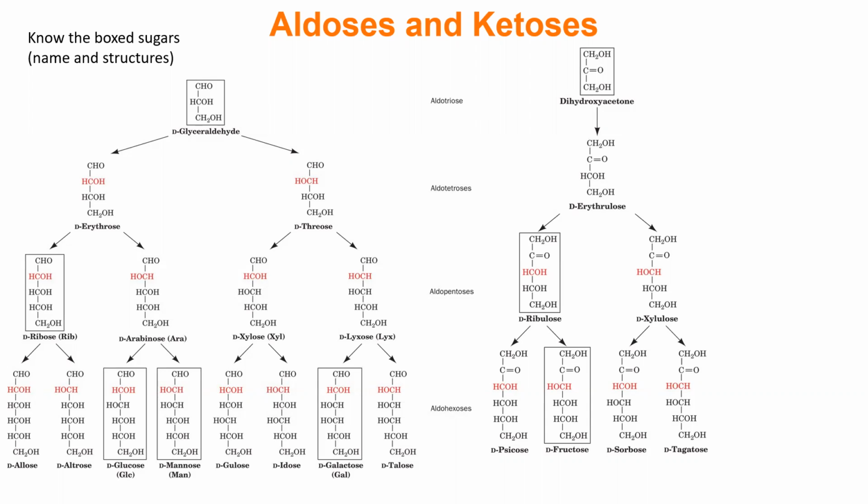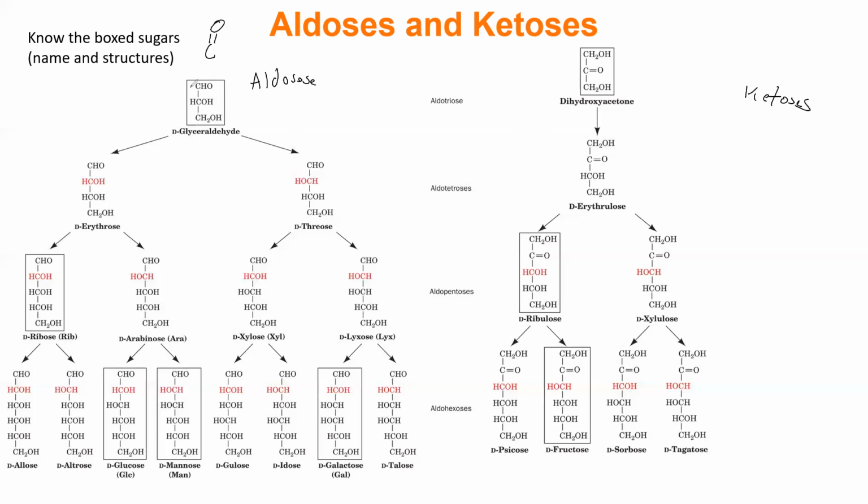Now, when it comes to sugars, you have 2 different forms. You have your aldoses, which are aldehydes, and your ketoses, which are ketones. And every sugar in the linear form has a C double bond O as part of the structure.